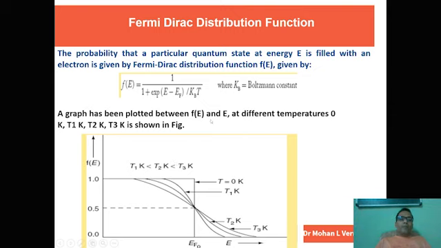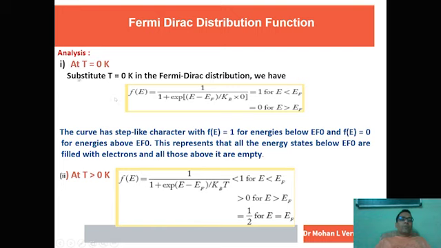At different temperatures, where T1 is less than T2, which is less than T3, and T equal to 0 Kelvin, we have this type of plot, and mathematically we can see it like this. At T equal to 0 Kelvin, when E is less than EF, the value of the Fermi function will be 1, and if E is greater than EF, it will be 0.